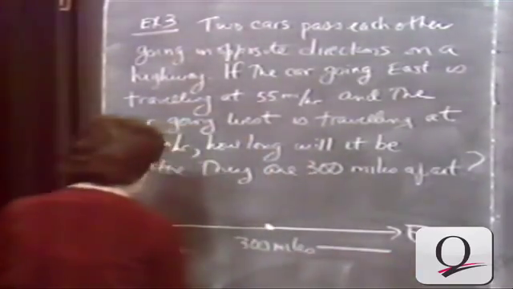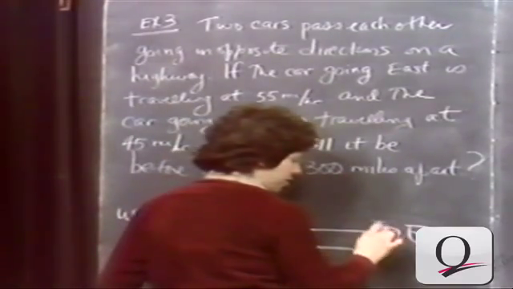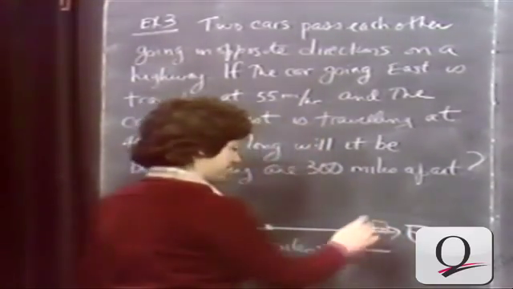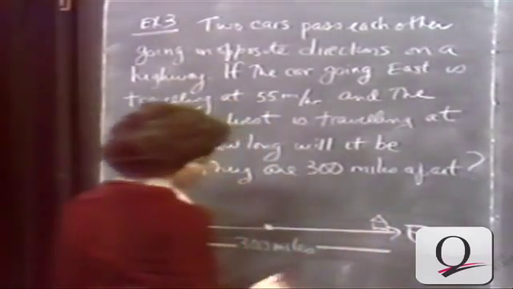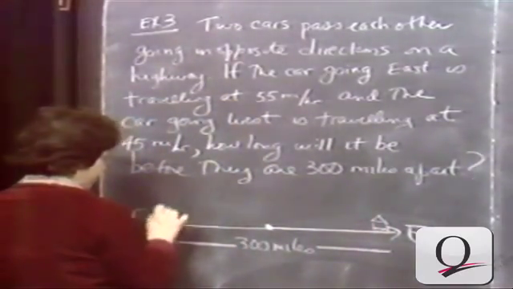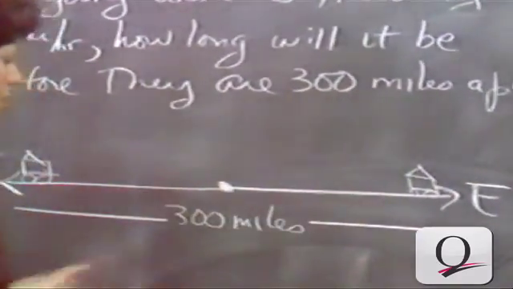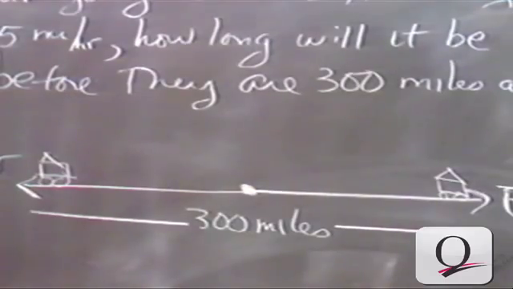We want to know when the distance is 300 miles. Here you have this one car here, right? Well, it looks like a house on wheels, but you get the idea. And the other car here. And we want to know when the distance between them is 300 miles.